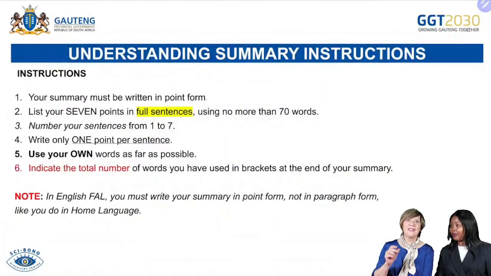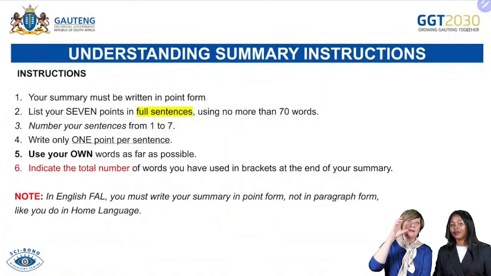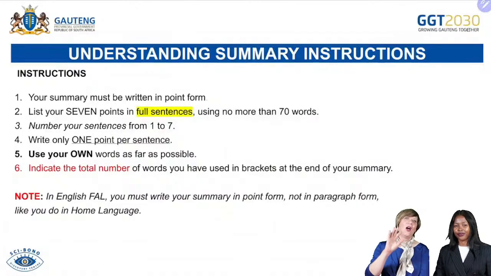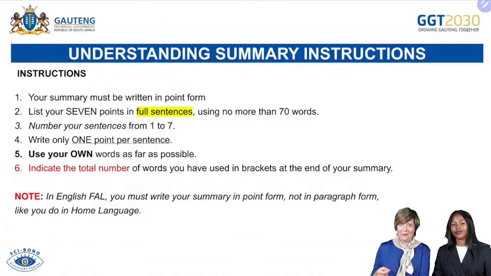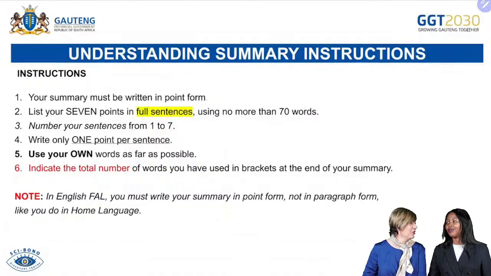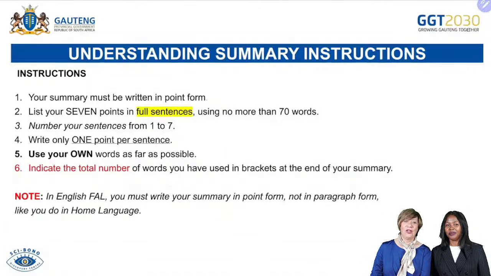I want you to take that question and write it in big, bold letters on your page so that you will look at it the whole time. When we get to the summary, I will show you exactly how to use that question.